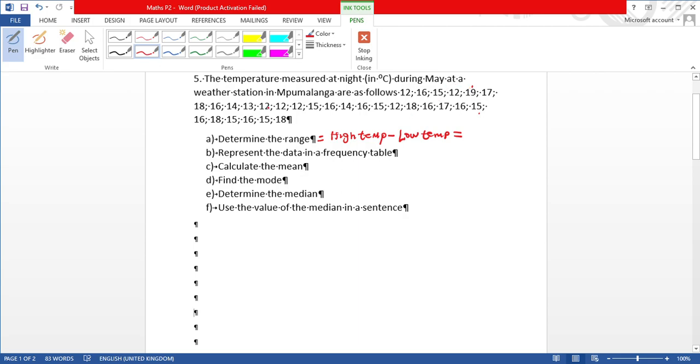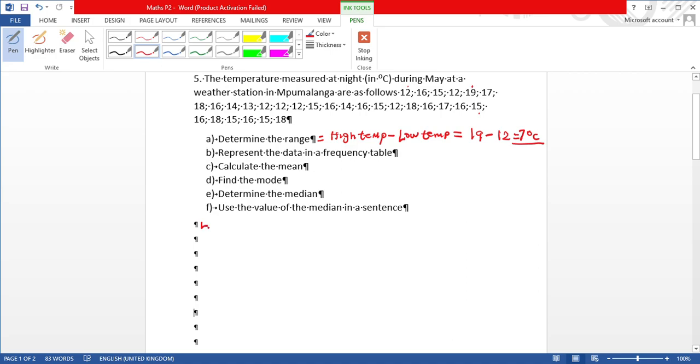And then you're going to say 19 minus the lowest value. The lowest value is 12. So 19 minus 12 is going to give us 7 degrees Celsius. This is our range.